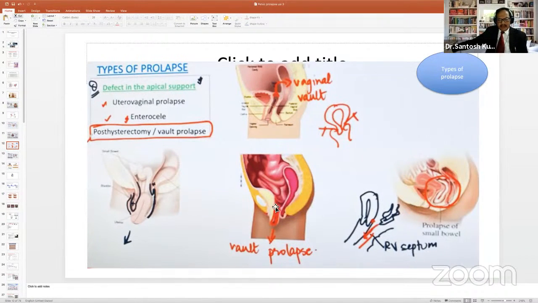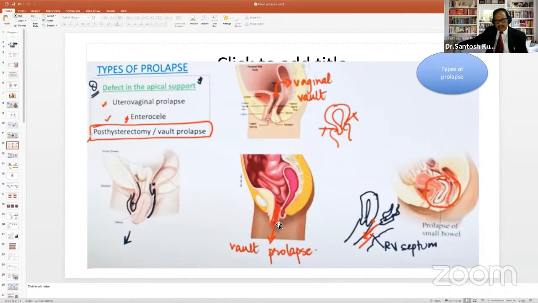When there is weakening in the anterior part of the vagina, the patient will develop cystocele, and in the posterior part, enterocele and rectocele. And when there is a vault prolapse, enterocele will occur. You can see the vault is coming down.